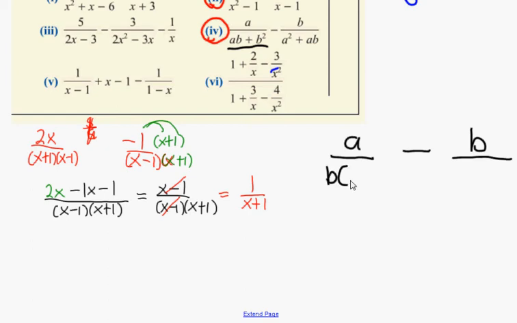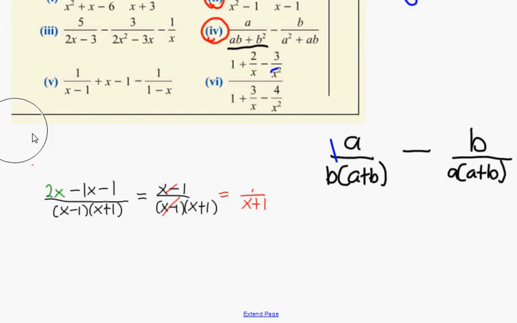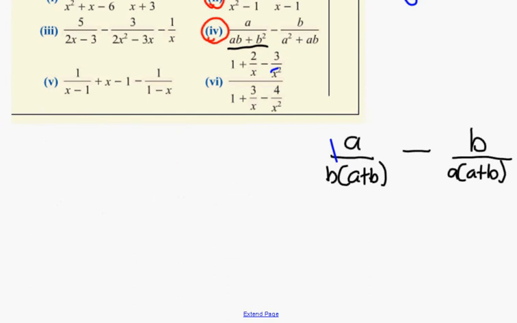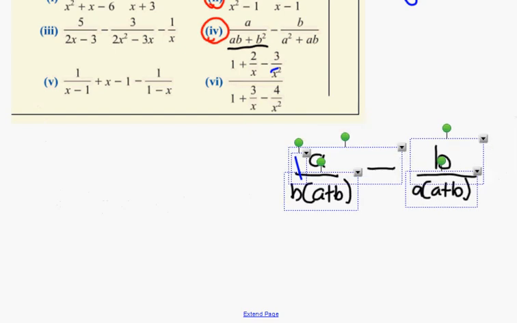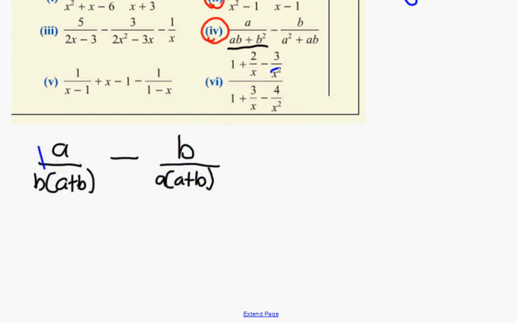B into A plus B. And then on the opposite one, A into A plus B. Now, the denominator on the left looks at the denominator on the right. What does it want? What does it see that it doesn't have? What does it not have on the bottom? Hasn't got an A on the outside of the bracket, does it?